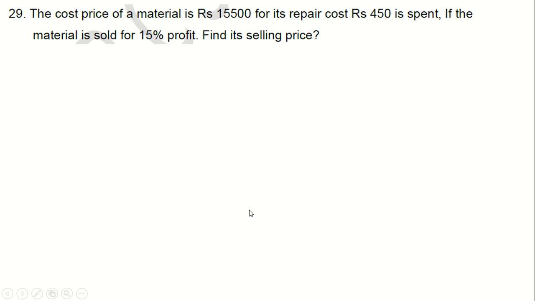Then the cost price of the material is 15,500, and for its repair, rupees 450 is spent. If the material is sold for 15% profit, find its selling price. So the cost price is equal to 15,500, and there is an expense for repair.